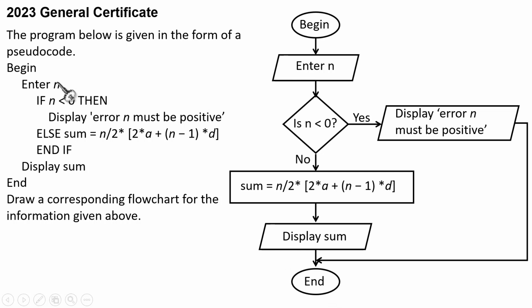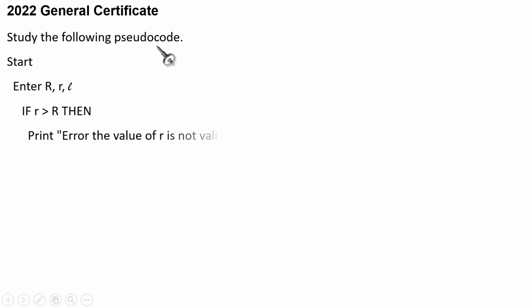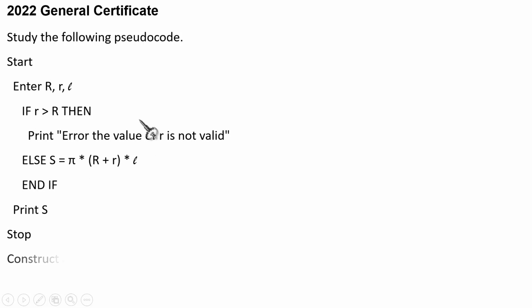All right, so let's go to the other example here. This example is coming from a 2022 General Certificate, which means GCE, and this is the question which says study the following pseudocode. So this is the pseudocode again provided here. So we have start.